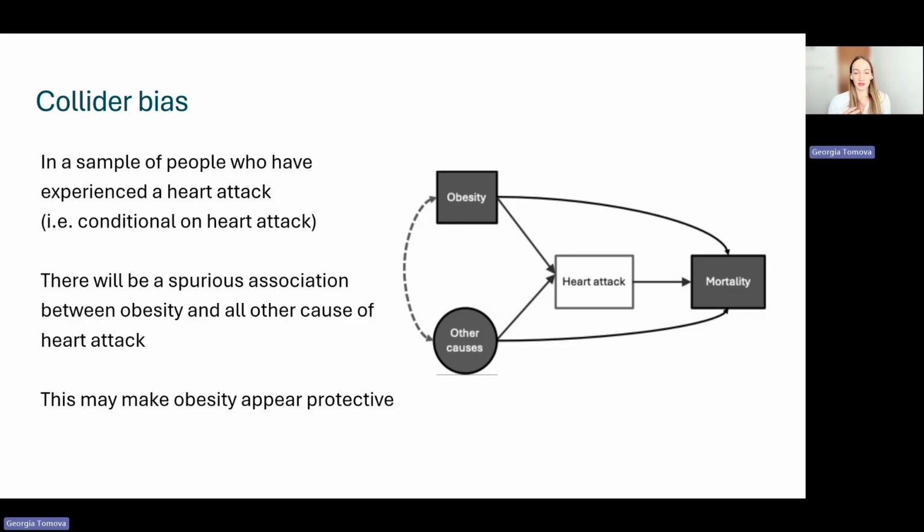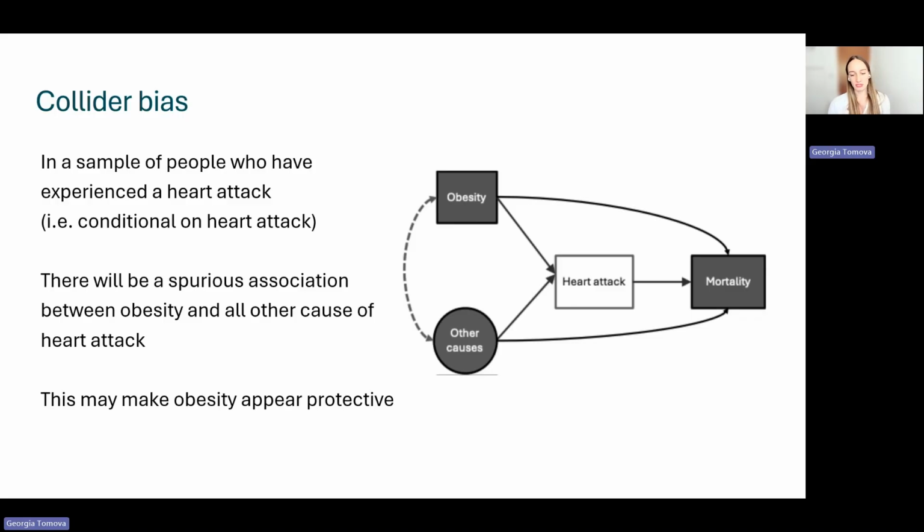So the reason why this might result in obesity appearing protective is that although both obesity and other causes might increase the risk of a heart attack and might increase the risk of mortality, it is possible that some or many of these other causes have stronger effects on mortality, which, because of the conditional dependency introduced, might make obesity appear protective, because we can understand this as estimating the effect of obesity instead of all the other causes.